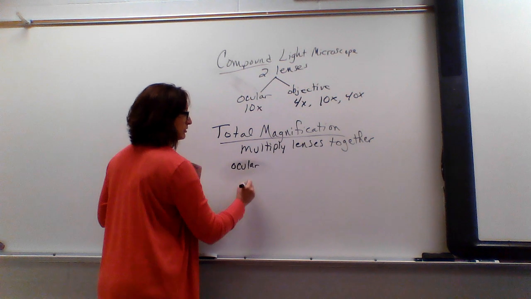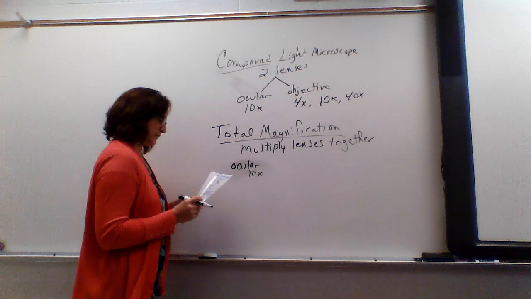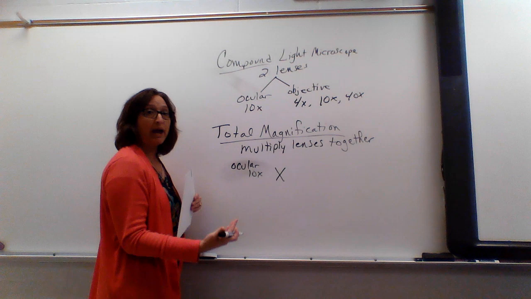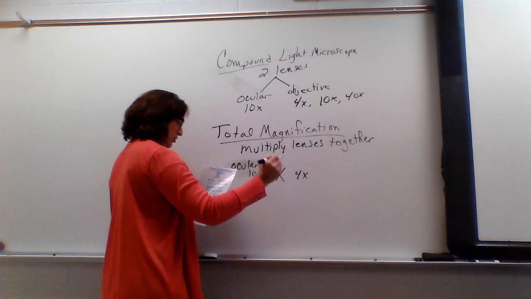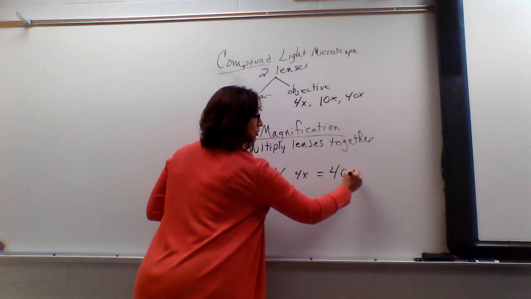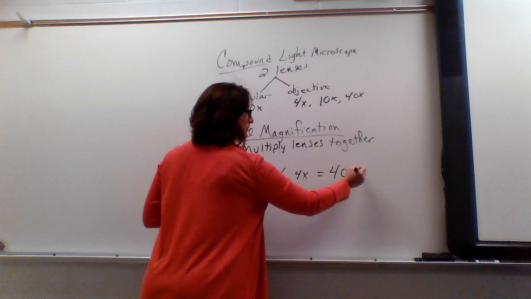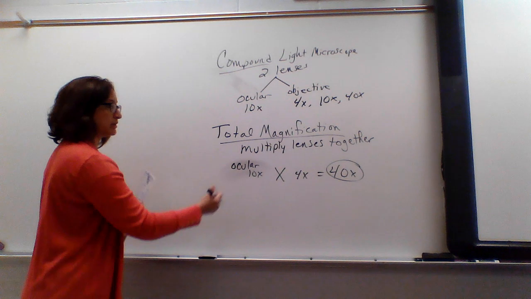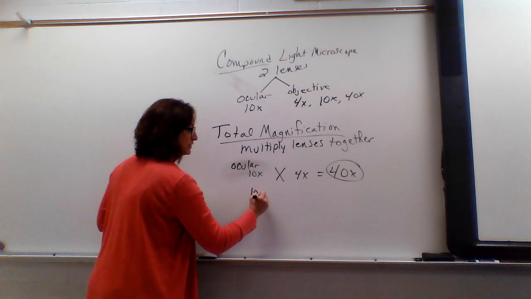If you have an ocular lens of 10x, and you're going to multiply that times low power, which is 4x, you're going to come up with a total magnification of 40x. Okay, so then that works for every lens. The ocular is always 10x.